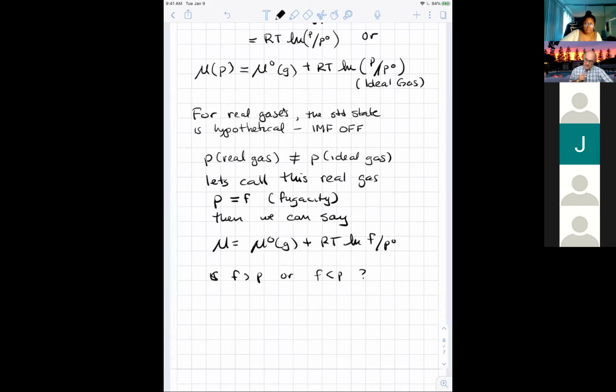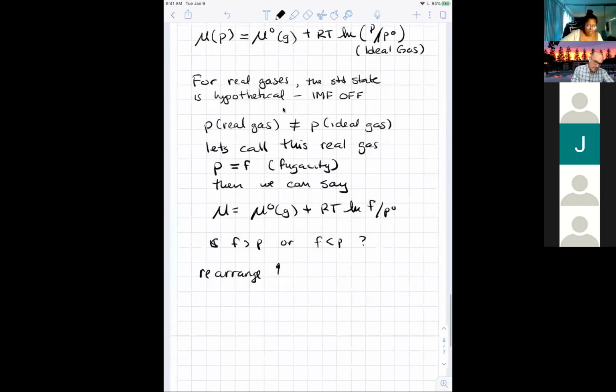Does that make sense? So I'm going to rearrange that equation into this. I'm going to solve for this fugacity, and I can say the fugacity is the standard pressure times the exponential of mu minus mu zero in the gas reference over RT.